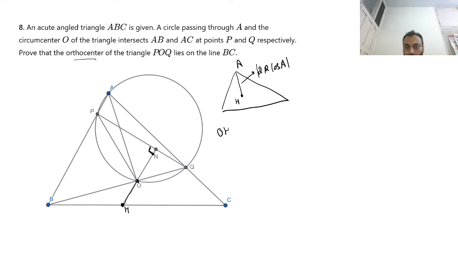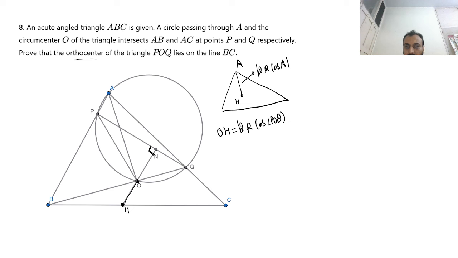So if we somehow prove that OH is twice R, where R is the circumradius of triangle POQ, times cos of angle POQ, can we say that? So if we prove that length OH is 2 times R cos POQ, then we are done.